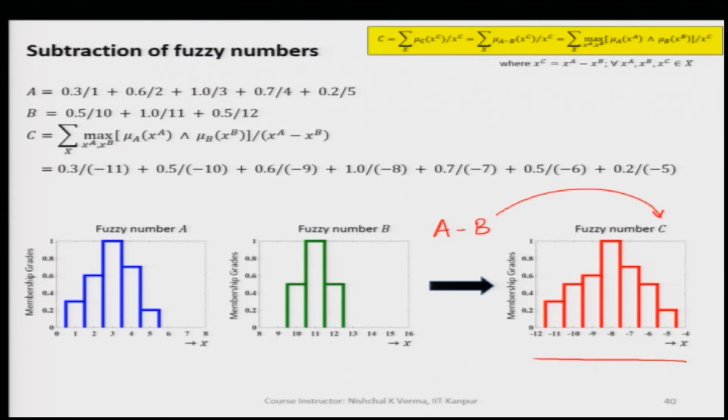So, it means the uncertainty level gets increased, and please understand that this uncertainty that I am talking of is the uncertainty due to ambiguity, imprecision and vagueness. So, in this category this uncertainty is normally accounted in the fuzzy sets.